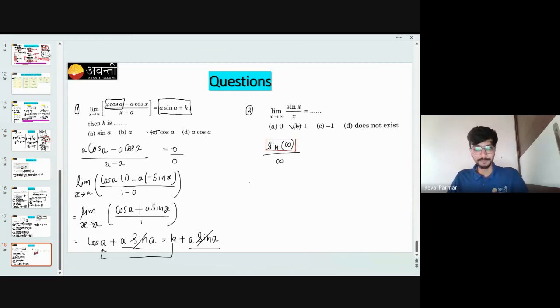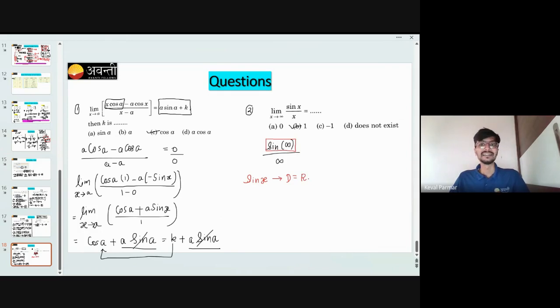Now, let me tell you what is meant by sine. If I write sin x, what is the domain of sin x? Domain of sin x means the value of x. The domain of sin x is all real numbers.